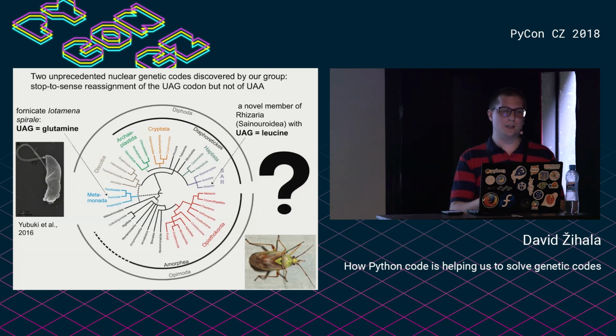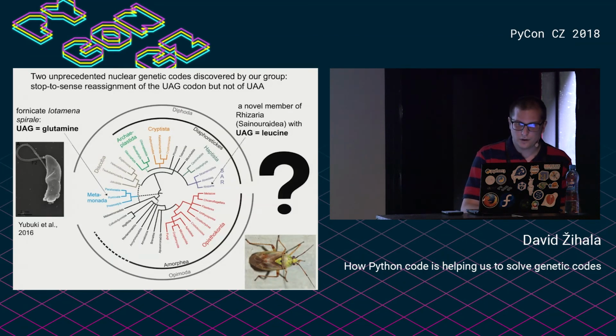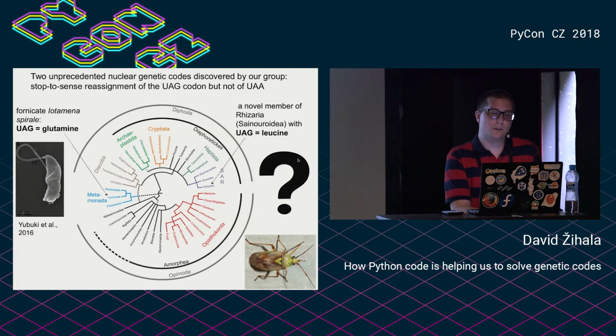And we found it in fornicate from this group, metamonada, which uses UAG to encode glutamine, and in a novel member of this group, Archaea, which uses UAG to encode leucine. And we don't even know how this organism looks because we never saw it, but we saw molecular data from this organism, and we found it as a contamination of this bug, Ligus asperus.